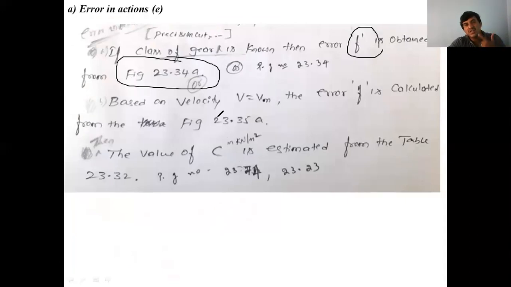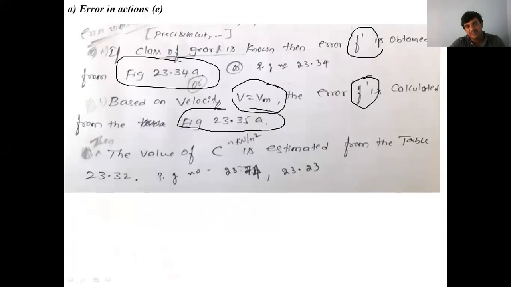Or second, based on the mean pitch line velocity, V equal to Vm, again we calculate the error in action from figure 23.34a. Once you know the error in action, refer to table 23.32, then you can determine the C value, which should be in kilonewton per meter square.